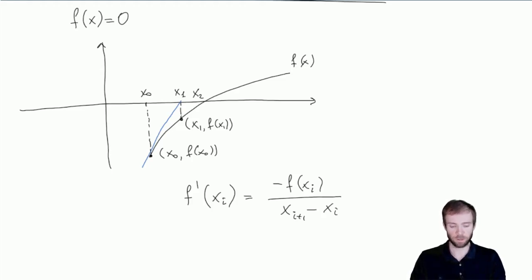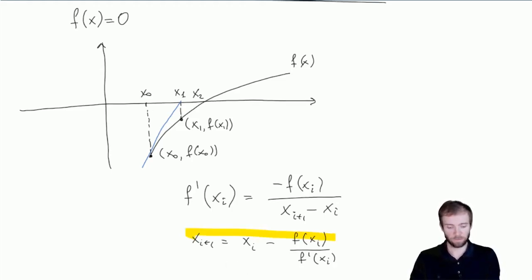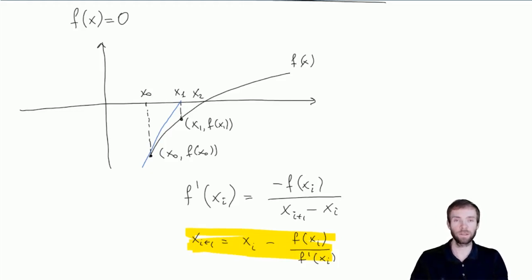And solving this equation for x_{i+1}, we get Newton's formula that x_{i+1} is equal to x_i minus f of x_i divided by f prime of x_i. So far, it is not clear how this formula, the Newton's process, allows us to solve the division with remainder problem, because this formula itself involves division.